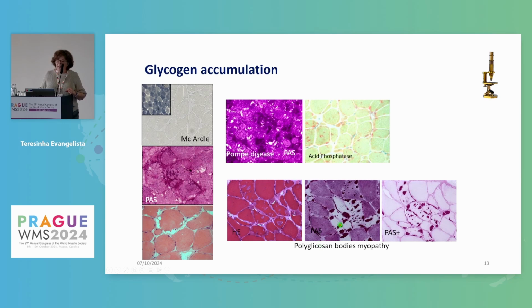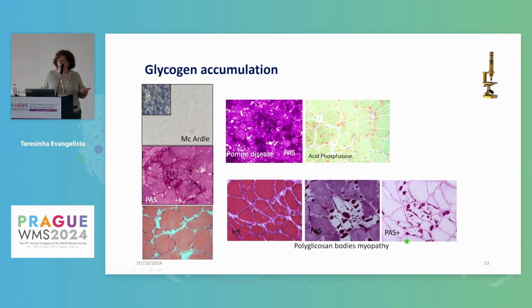And then you can also have strange forms of glycogen accumulation, or PAS positive deposits that are not glycogen accumulation. As you can see, this is a PAS staining, and this usually stains glycogen. And here it's rather strange. When we do PAS diastase, it is not so.